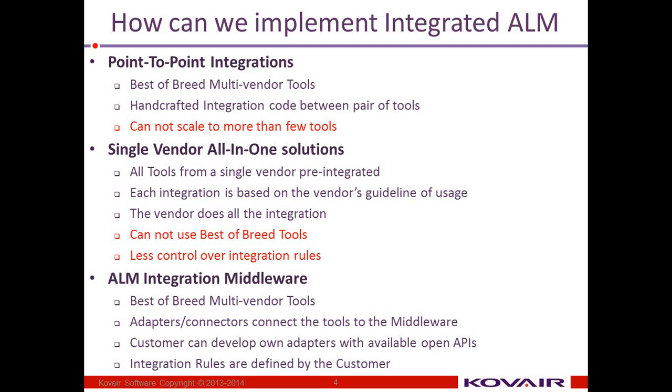The customer can themselves create their own adapters because most of these middlewares have open APIs available, and the integration rules are not coded into the components of the middleware, but they are left open for the end users or the customers, basically the administrators, to configure them. So this is by far the most flexible solution and is the best fit when you are using multi-vendor tools.